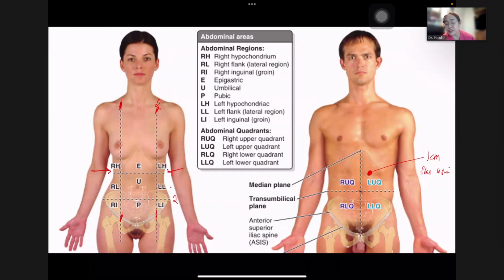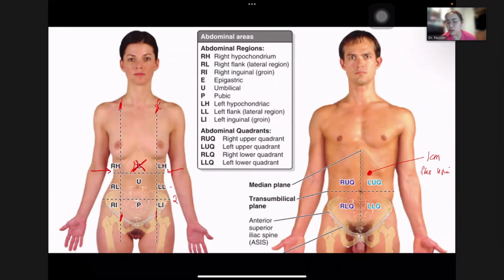Okay? Medial or lateral pertains to the location, but now we're just focusing on the quadrants. So we can do that later. Anyway, that's how you do it. You describe and you say the location. For example, epigastric pain: abdominal pain located at the epigastric area.